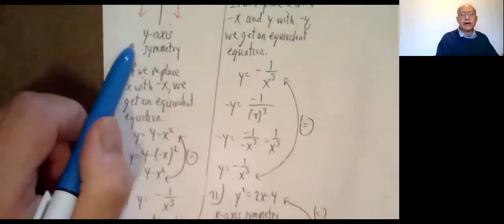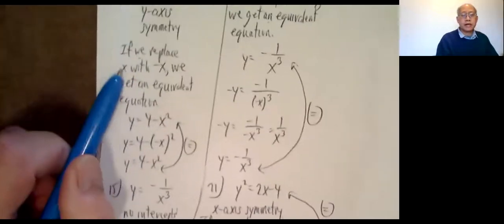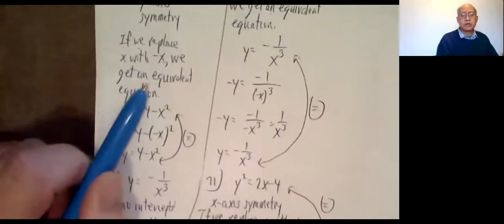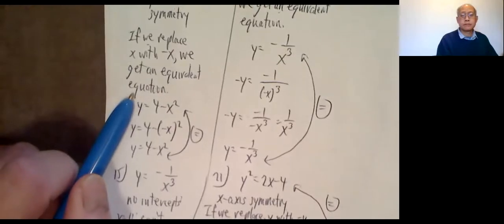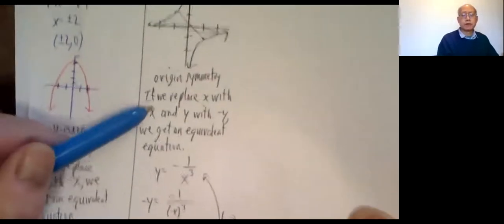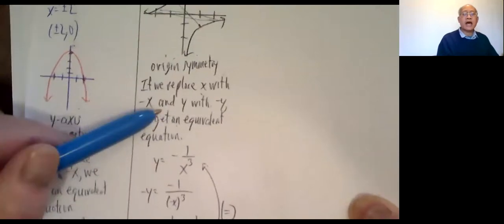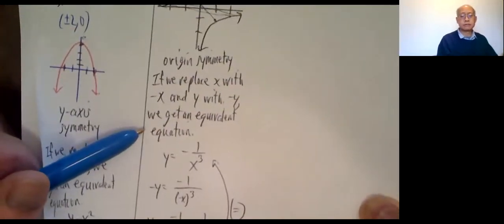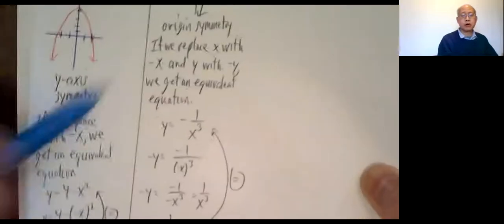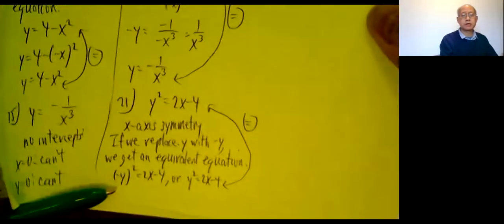Reverse everything for y-axis symmetry. If we replace x with negative x, we get an equivalent equation. Then for origin symmetry, you have to do both of them. Replace x with negative x and y with negative y. It turns out we get an equivalent equation. Feel free to put all of these on your formula sheet if you wish.